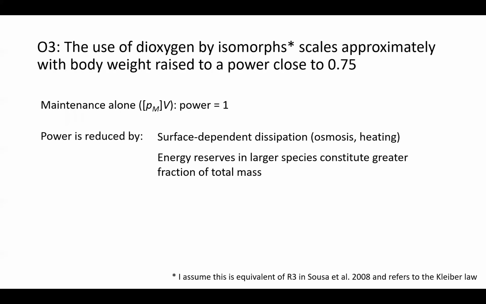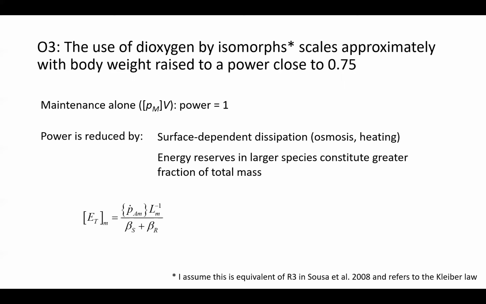So, scaling the Kleiber law. DEB achieves this scaling by taking the somatic maintenance with a power of 1 and then reducing that power by surface-dependent dissipation and energy reserves, whose fraction is increasing as animals get bigger. So the surface-dependent dissipation, this model also has. Now for the second one, it's not that clear. This is the quasi-equilibrium.